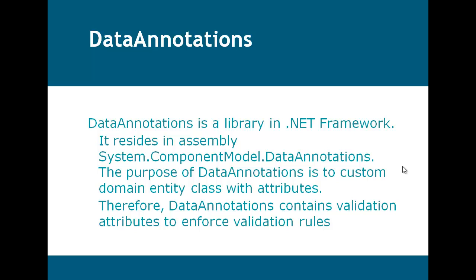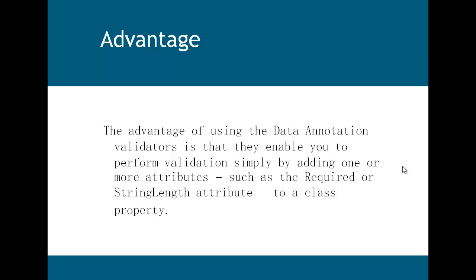Therefore, data annotations contains validation attributes to enforce validation rules. What is the advantage? The advantage of using the data annotation validators is that they enable you to perform validation simply by adding one or more attributes, such as Required or StringLength attribute.